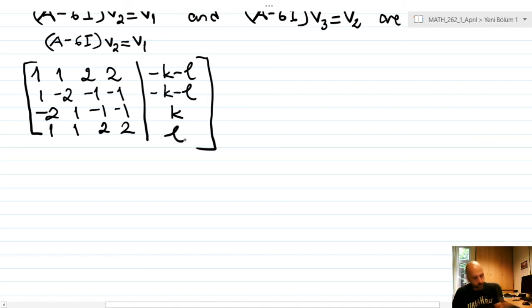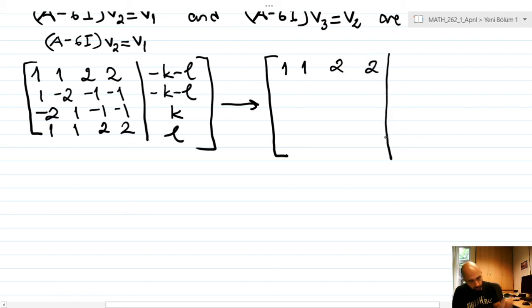This is a non-homogeneous linear system, and we should row reduce it to see what happens. Subtract first row from the last one, add the sum of the first two rows to the third one, and so forth. So this reduces all the way down to the following matrix. I'm not writing the intermediate steps, but I suppose it's clear how to do this.